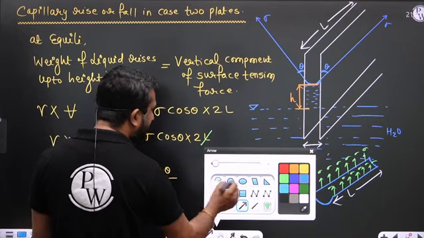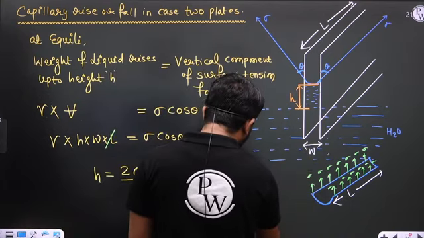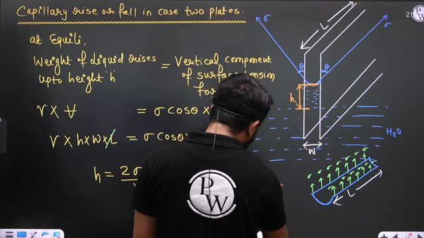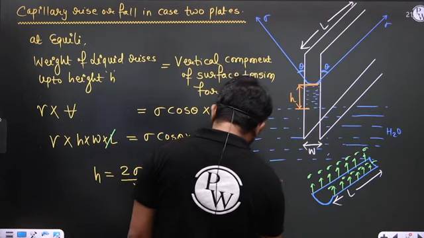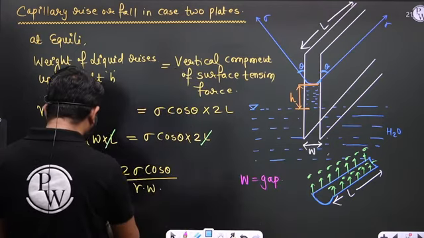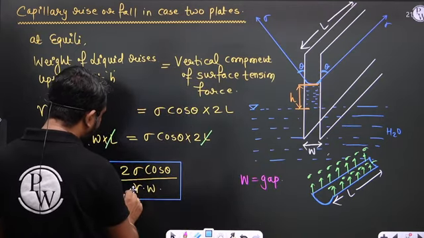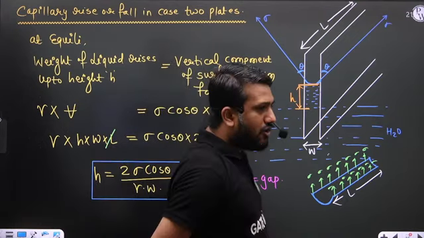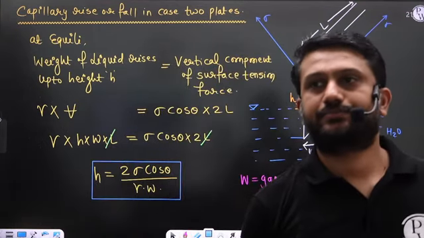The W is the gap between these 2 plates. So this is the mathematical expression of capillary rise or capillary fall.